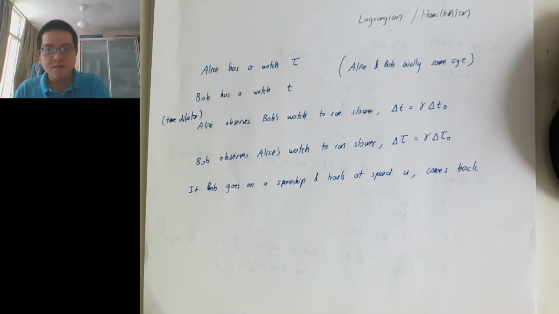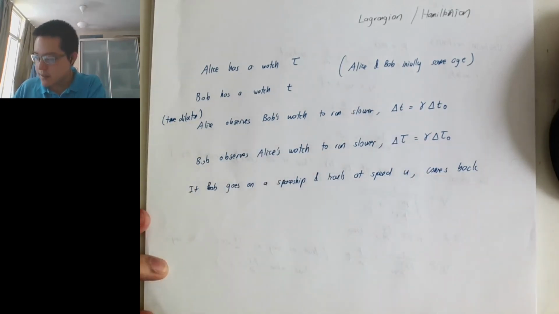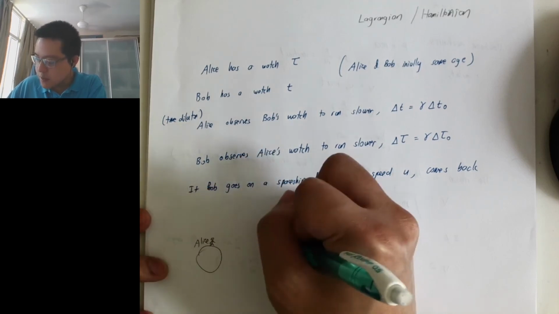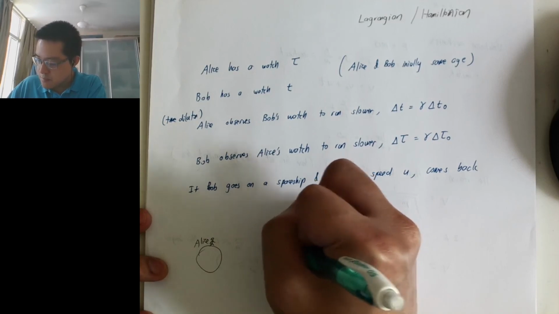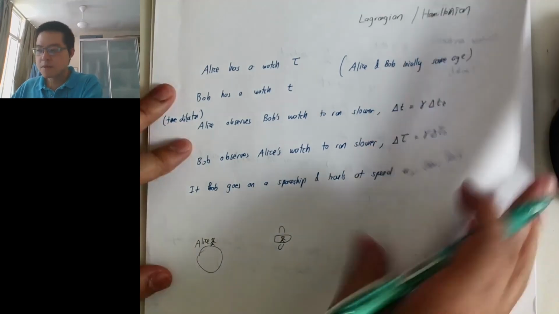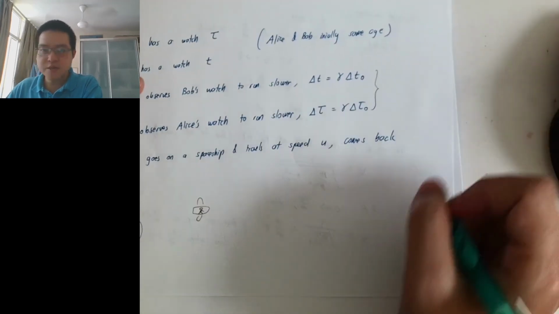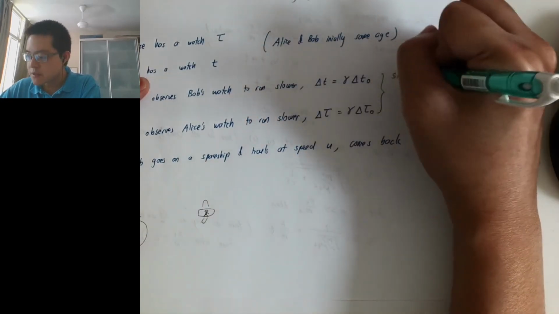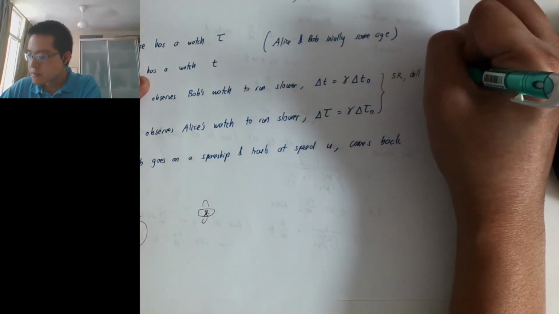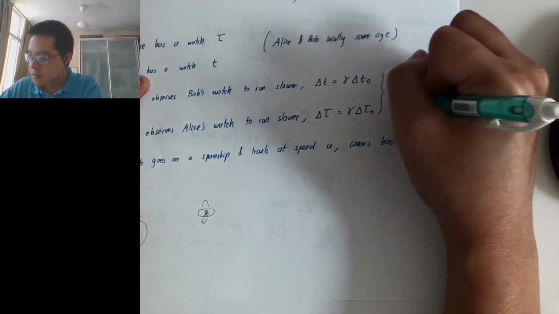So the answer is that Alice is on Earth, and then Bob goes on a spaceship. The reason is that if you're talking about special relativity, all inertial frames are equivalent.